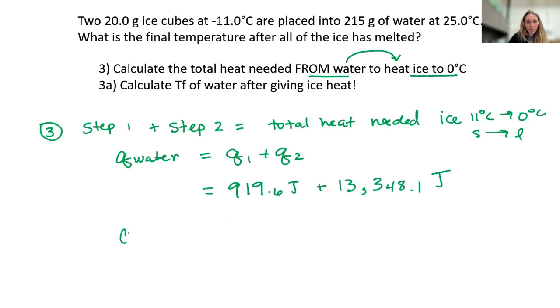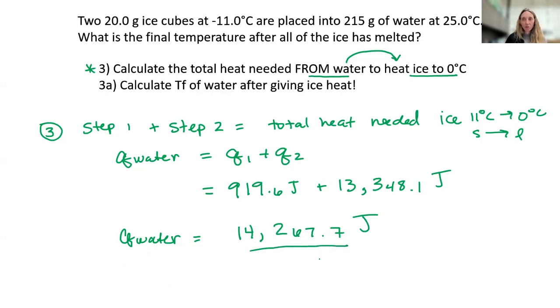Okay, so the total heat from the water is going to equal 14,267.7 joules. Okay, so that's my step here. So my water has to give the ice this much heat in order to go from a negative 11 degree solid to a 0 degree liquid.